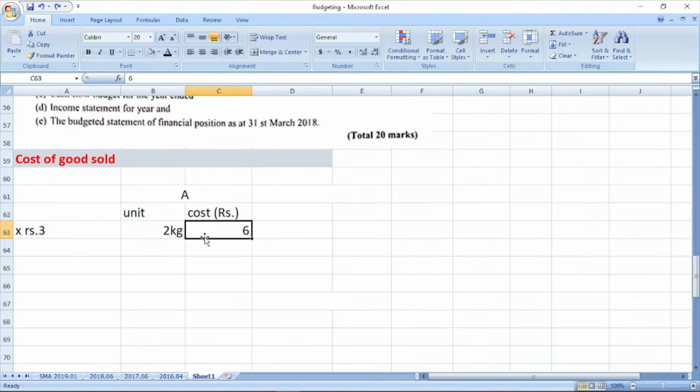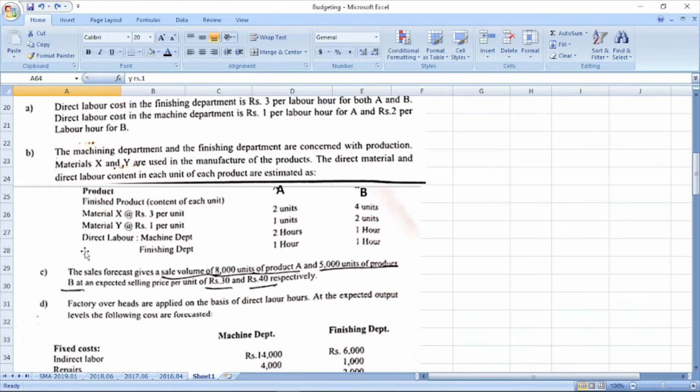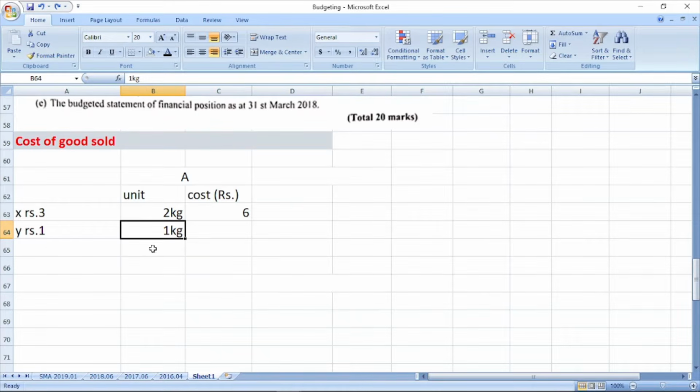So 1 unit at 3 rupees into 2 kilograms, we need 6 rupees for X material, and next Y is rupees 1. We need 1 unit for A product. So 1 rupee into 1, the Y cost for 1 A is rupees 1.